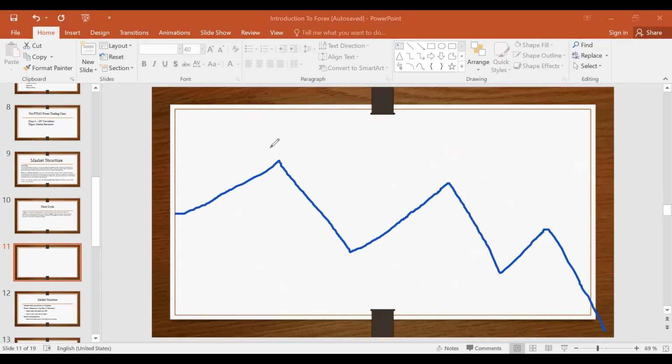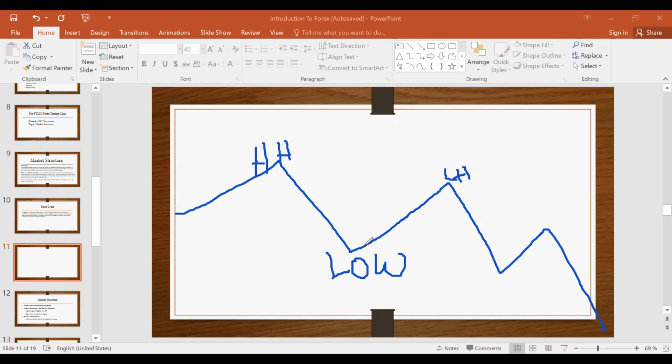This is a high, and this is a low. Now, this here is a high, but it's not as high as the other one, so it's a lower high.